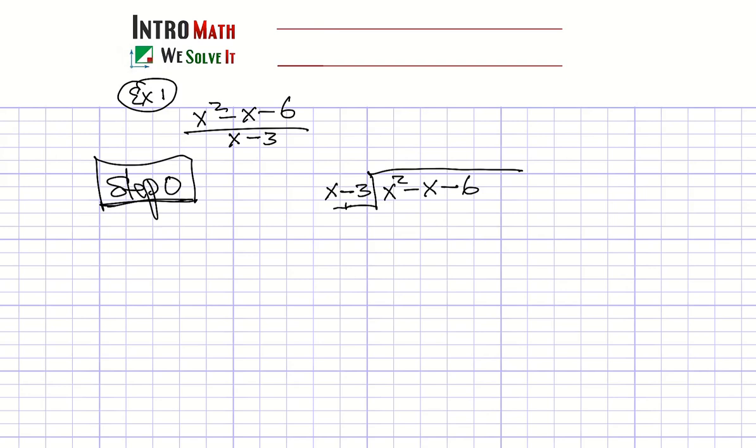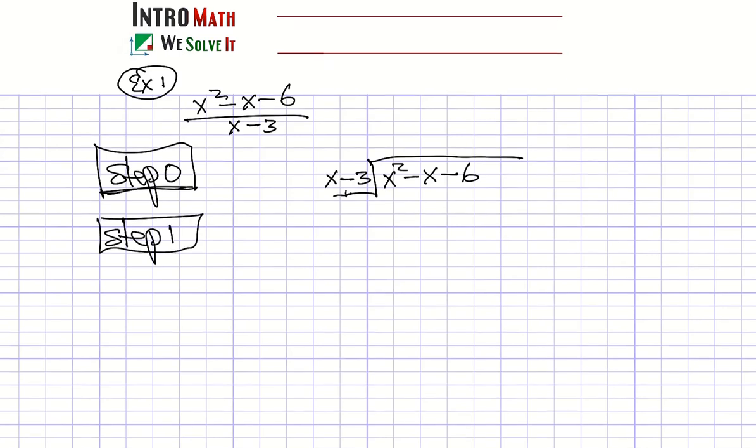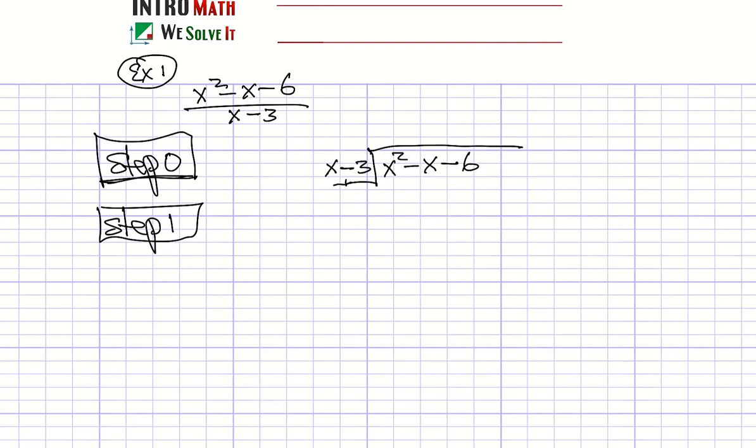So let's do step 1. Step 1, we will do this. You see the leading term of the dividend, x squared, and the leading term of the divisor, right there, it's x.